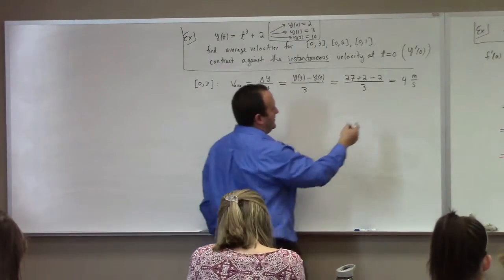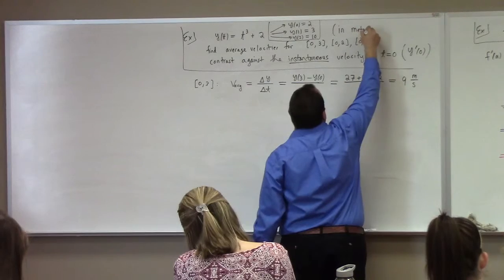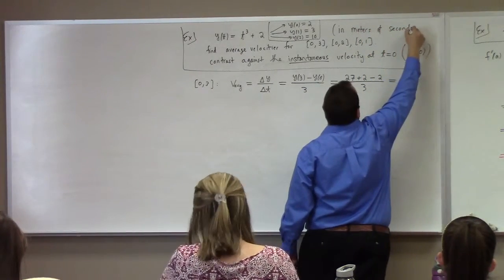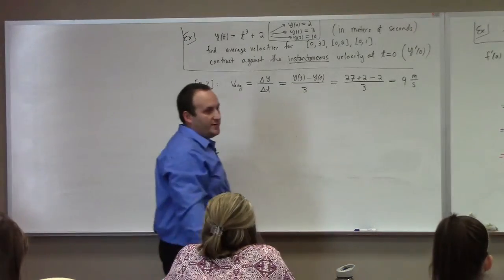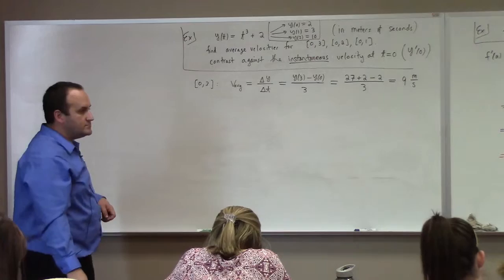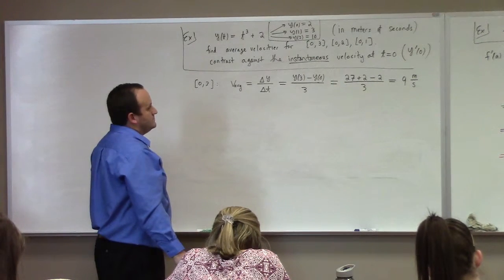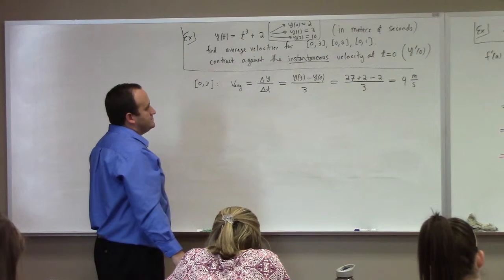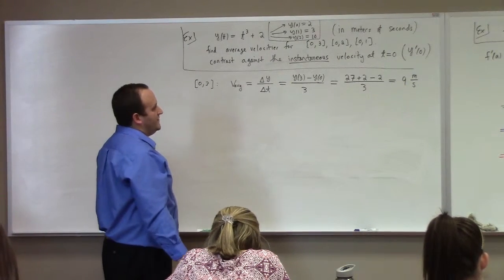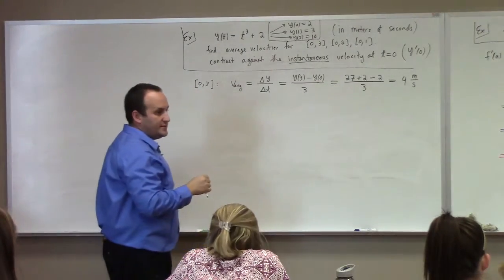Now, so here I'm saying in meters and seconds, just to make it more interesting. You can make it miles and hours if you want, whatever. Y of 3 is 27, and then y of 0 is 2. But where did you get negative 2 after that? The change in y is the upper y minus the lower y. So the lower y is 2, subtract 2.